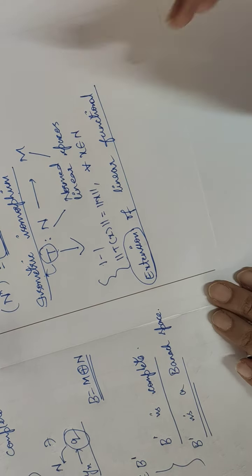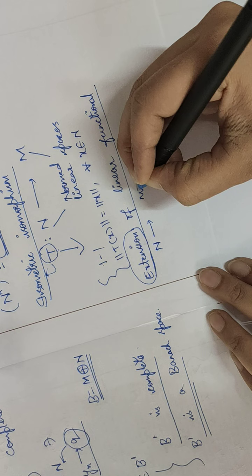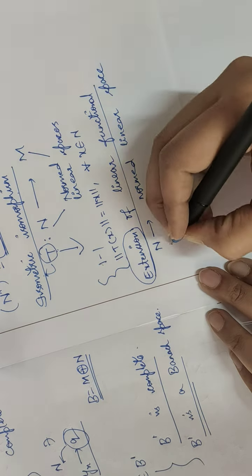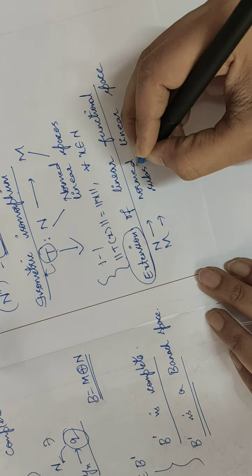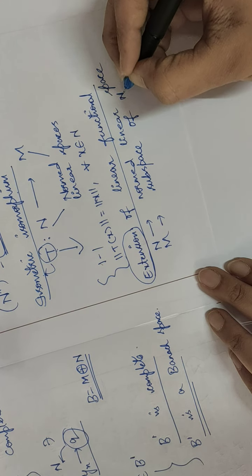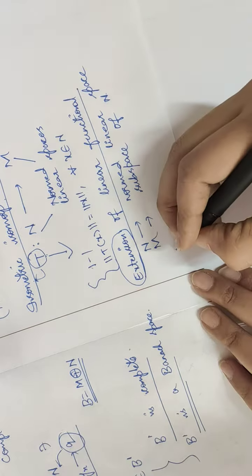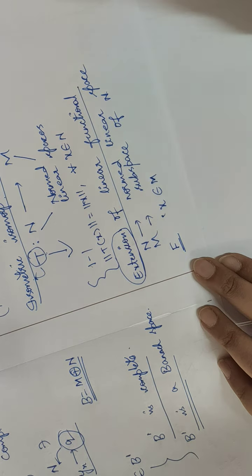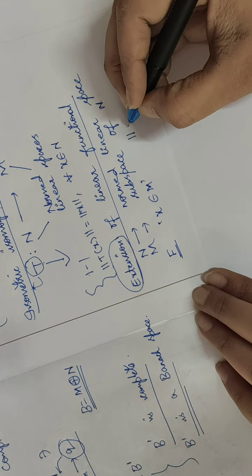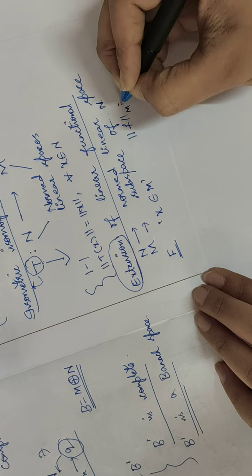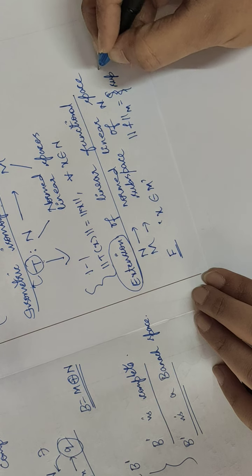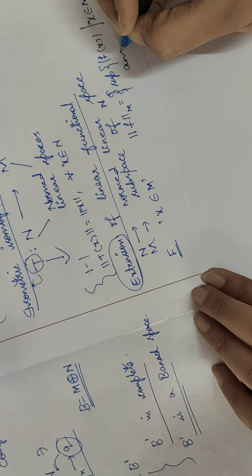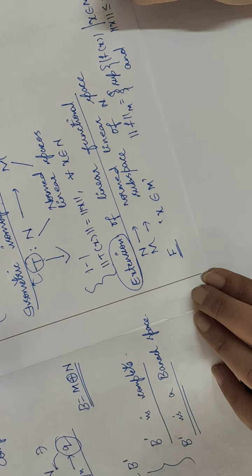So we can define this as, if I consider N as a normed linear space and M as a subspace of N, if I define a function F whose elements x belong to M, then we can define the norm of F on M as the supremum of |F(x)| such that x belongs to M and norm x is less than or equal to 1.